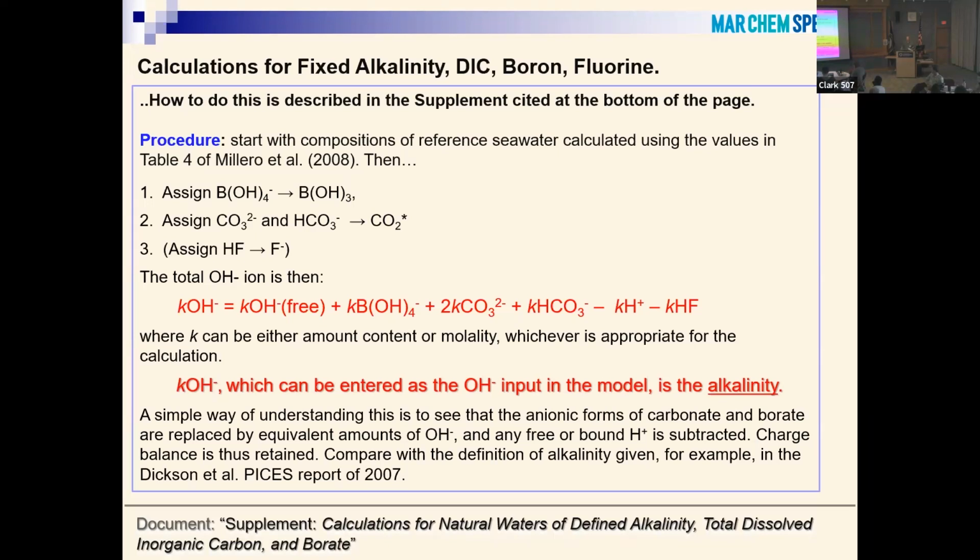And a simple way of understanding this is to see that the anionic forms of carbonate and borate are replaced by equivalent amounts of OH. You then subtract any free or bound H plus, and charge balance is thus retained. And you've got your alkalinity is the OH minus input, and there it is, all in one number.